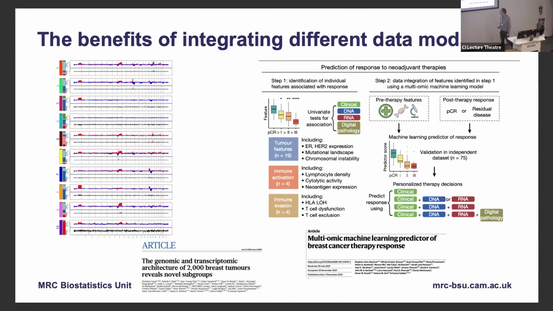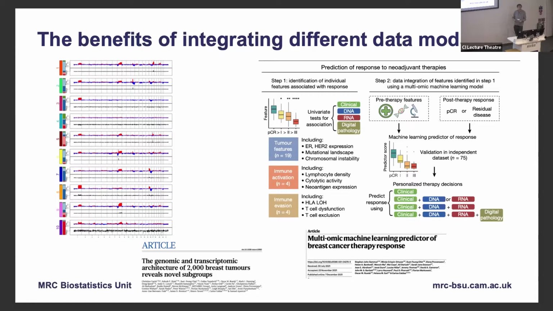And in this other study, we used a multi-omic predictor based on combining clinical data, DNA, RNA, and digital pathology to predict the response to treatment in the neoadjuvant setting. What we saw is that, of course, when you integrate more data types, these models perform much better.